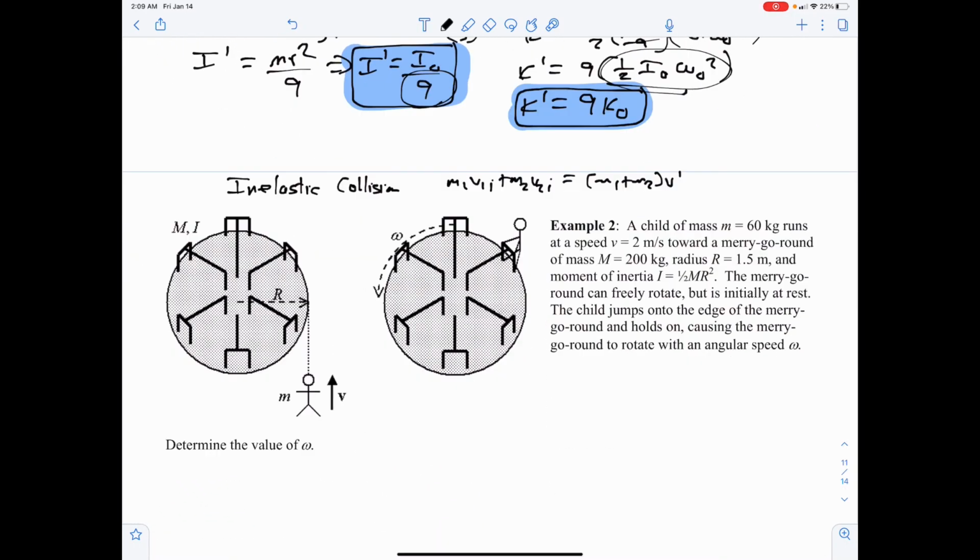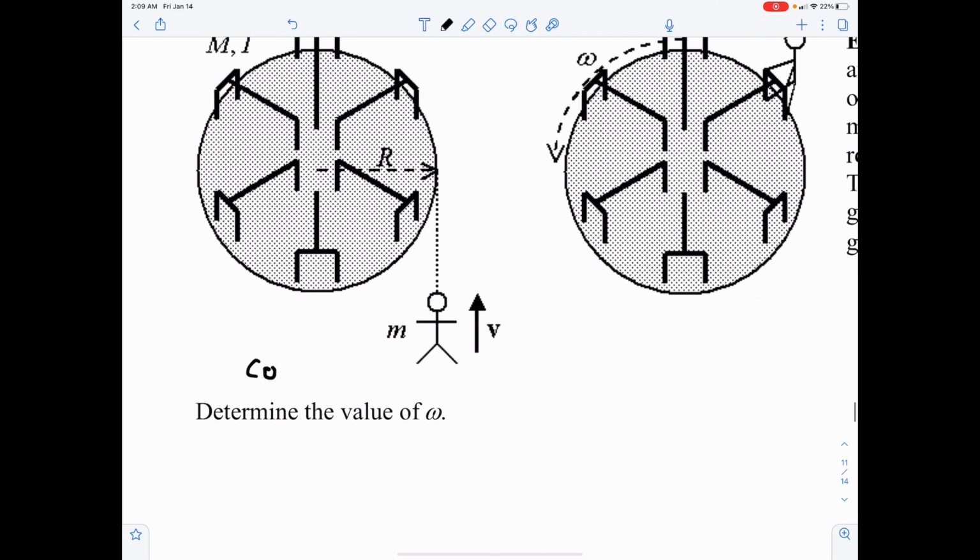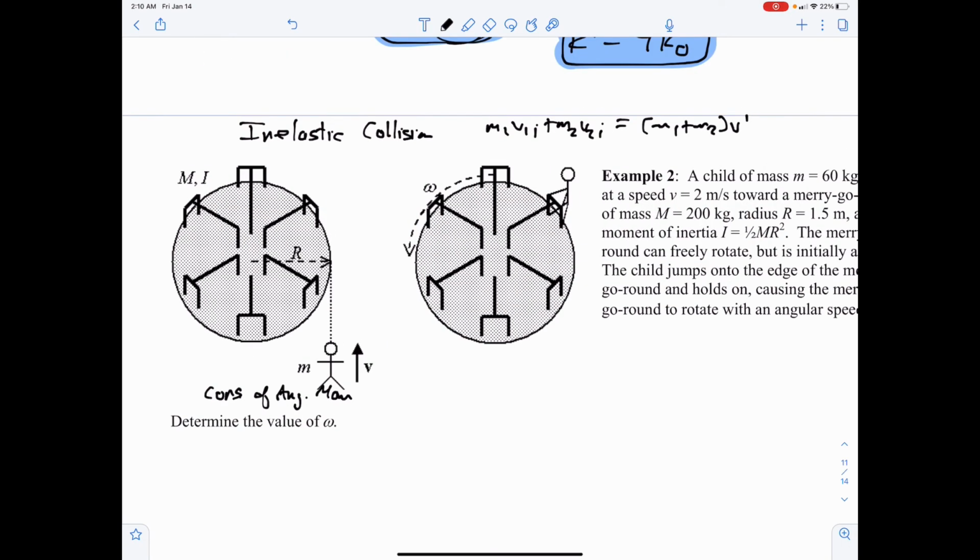Okay, now we're going to be using conservation of angular momentum to figure this out, but we're going to need the combined rotational inertia.